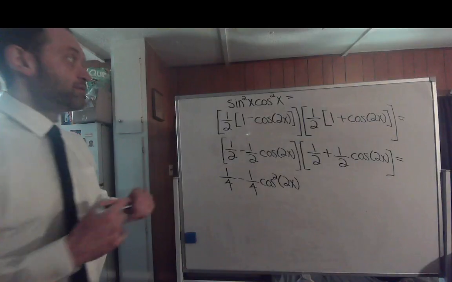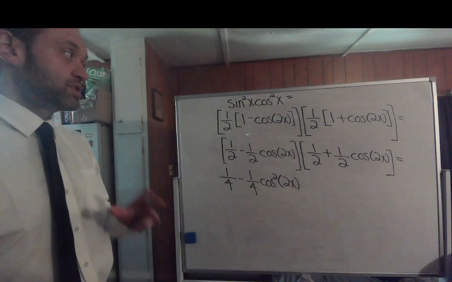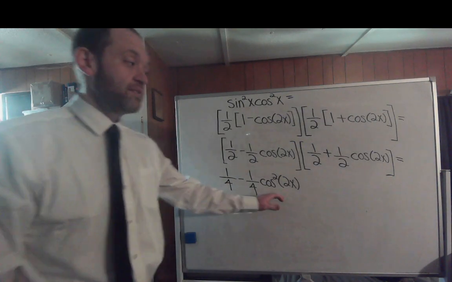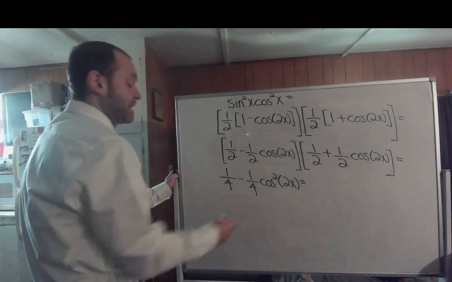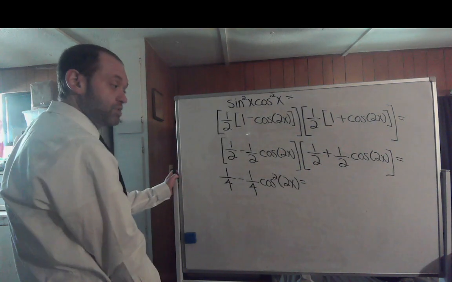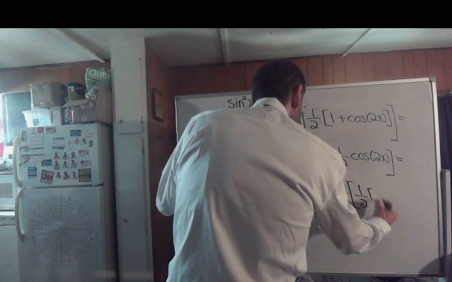But we have another cosine squared. We want to get this in terms of a cosine to the first function. So yes, we need to take that cosine squared and do a power reducing formula on that yet again. So we'll take 1/4 minus 1/4 times the quantity of 1/2 of 1 plus the cosine of 4x.